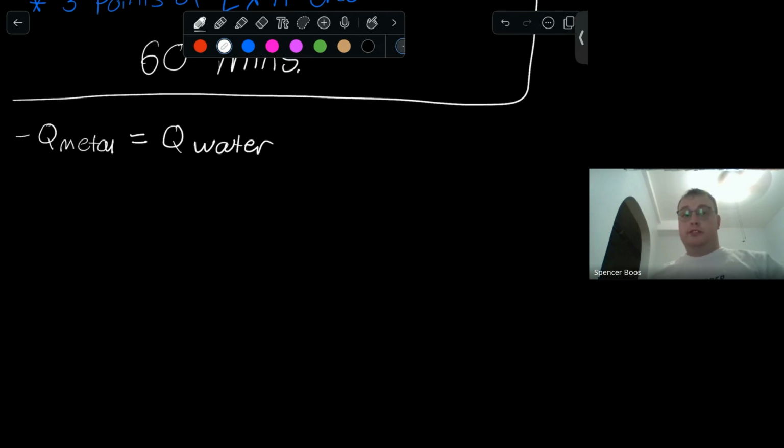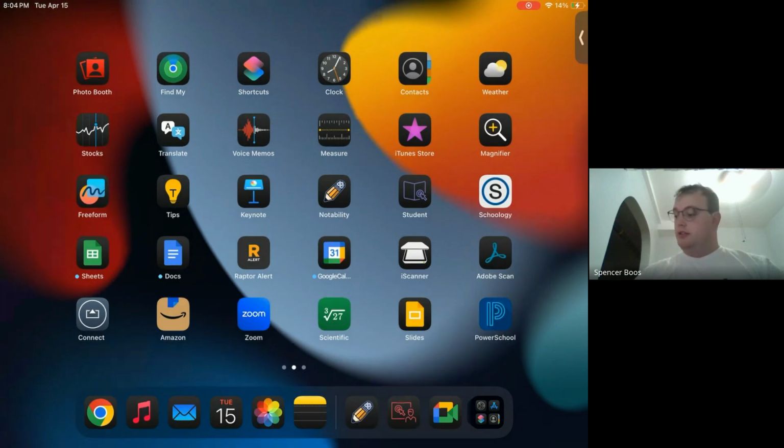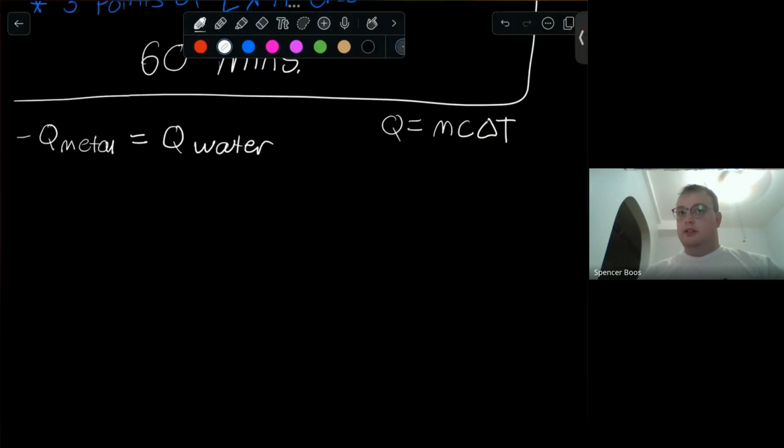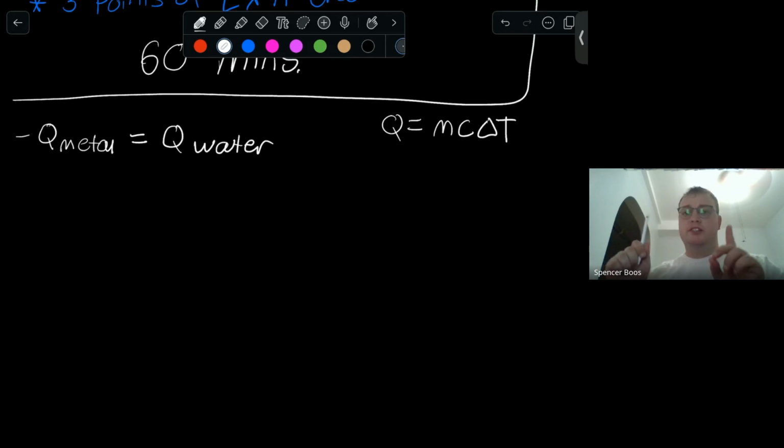Now, with this equation, we can also translate this, because any Q is equal to MC delta T. So we can substitute this in for the Q metal and the Q water.